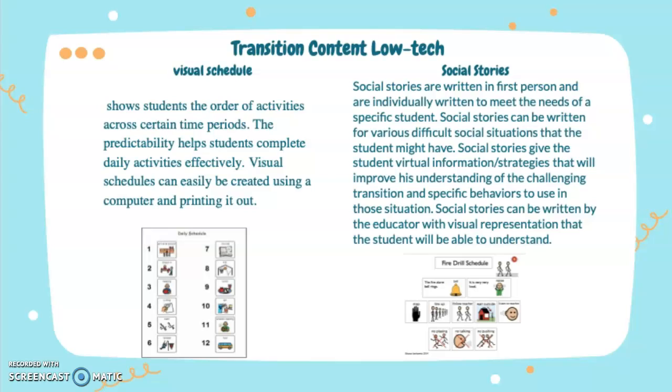Social stories give the student visual information and strategies that will improve his understanding of the challenging transition and specific behaviors to use in those situations. Social stories can be written by the educator with visual representation that the student will be able to understand.